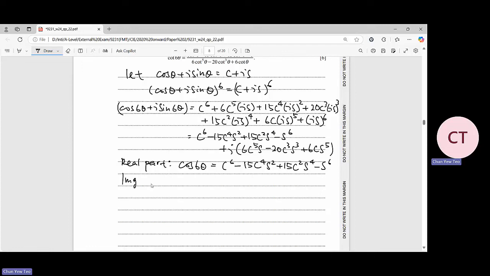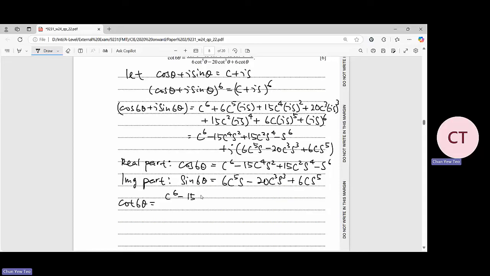And for the imaginary part, I will have sine 6 theta equal to 6c power 5 s minus 20c cube s cube plus 6c s power 5. And in order to get cotangent 6 theta, which is cos divided by sine, just divide them.